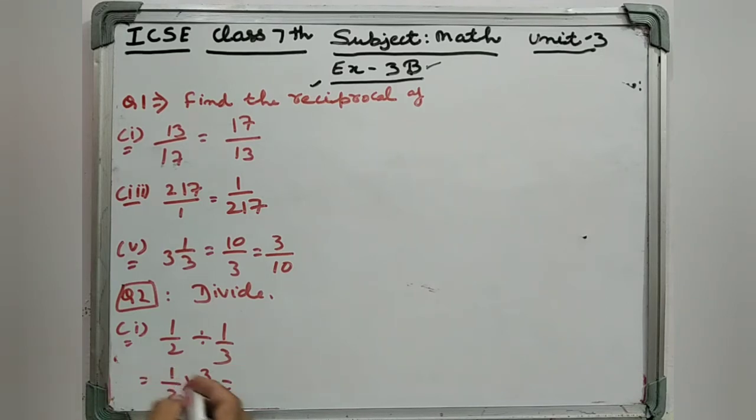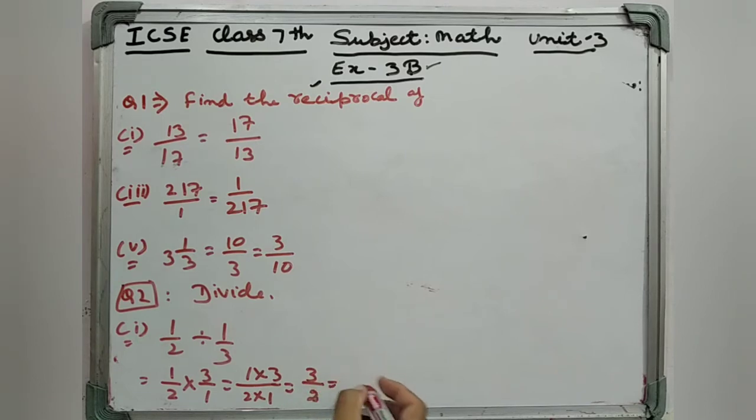Simplify, it is not simplified more than this, then multiply numerator with numerator and denominator with denominator. Our answer will be 3 upon 2. If we change it into mixed fraction, 1 will be here, 2 ones are 2, 2 plus 1. This is our answer.